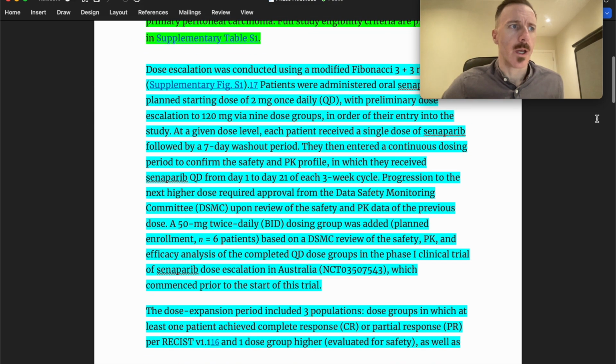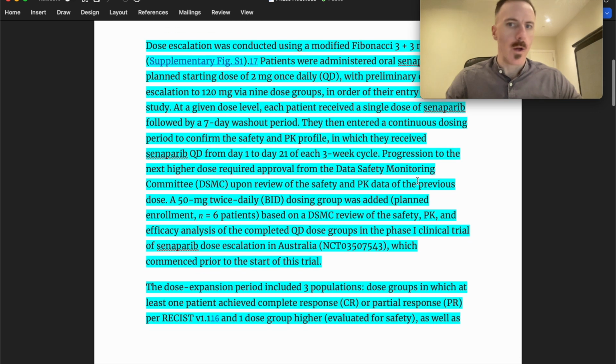We can see that at each dose level, patients receive a single dose of sinaparib, followed by a 7-day washout period before entering a continuous dosing period of daily administration from days 1 to 21 in a 3-week cycle. This was to confirm the safety and pharmacokinetic profiles. Progression to higher doses required data safety monitoring committee approval based on the safety and PK data from the previous group.